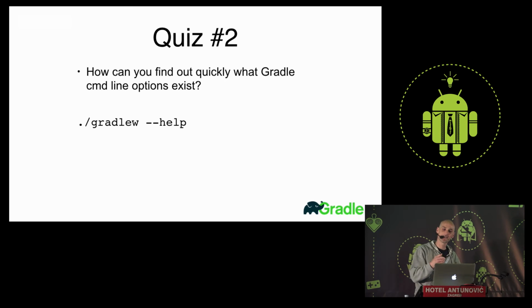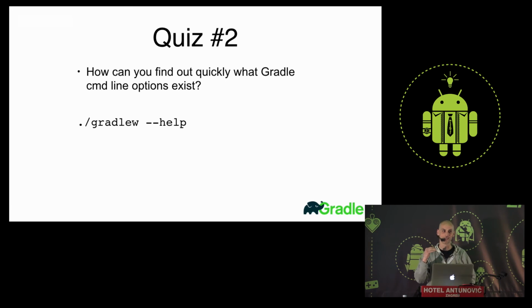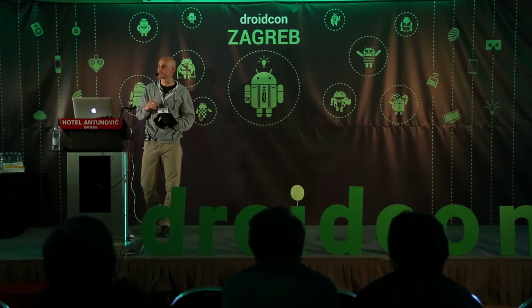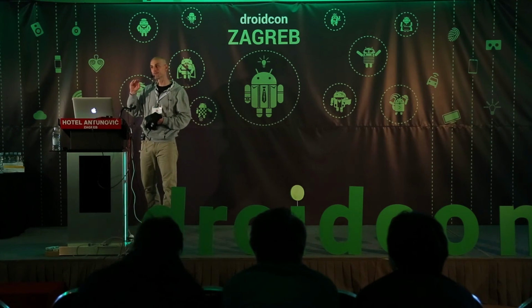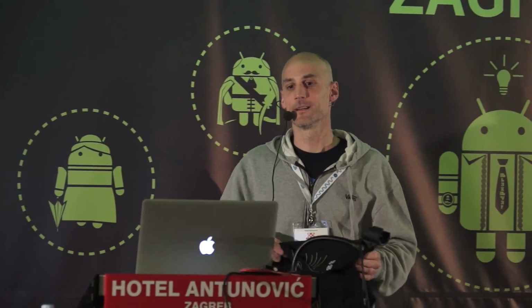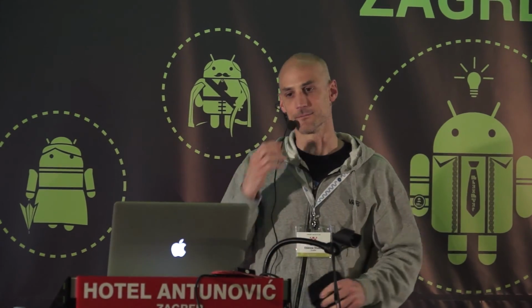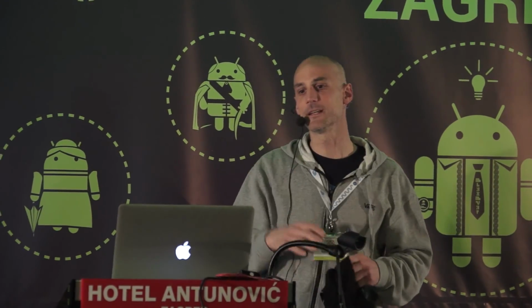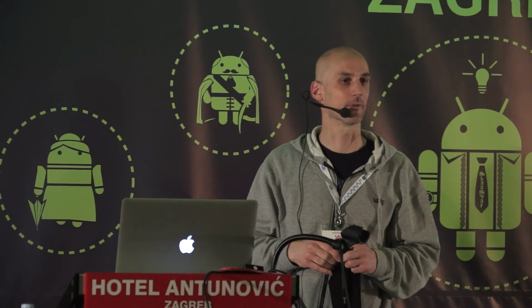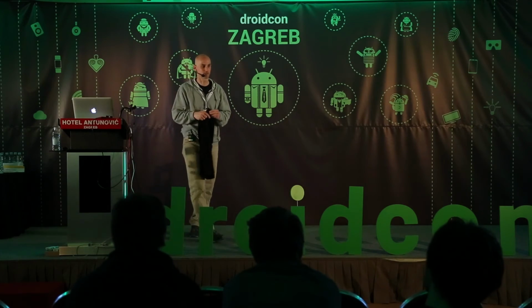But I would not underestimate that, because if you go there, you see maybe 20 or 25 options, and there's a lot of cool stuff there. You can run in parallel, you can run configure on demand, you can say rerun the tasks even if they're up to date. So there's quite some information that you can get there without having to browse on Google. I would really keep that in mind and maybe take a look at those options. It's not overwhelming, 20 or so options.